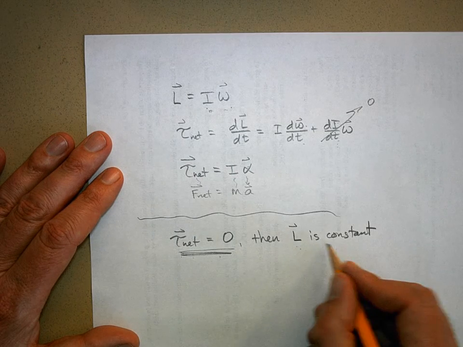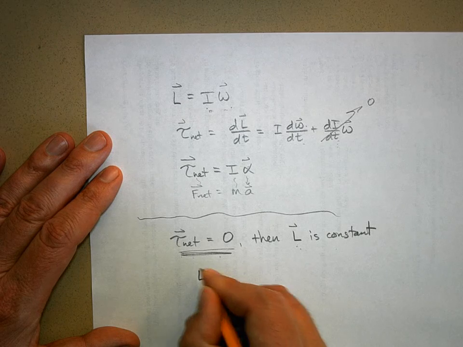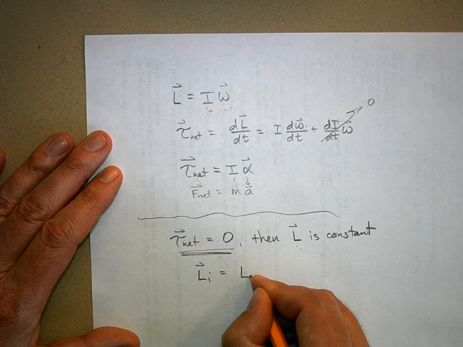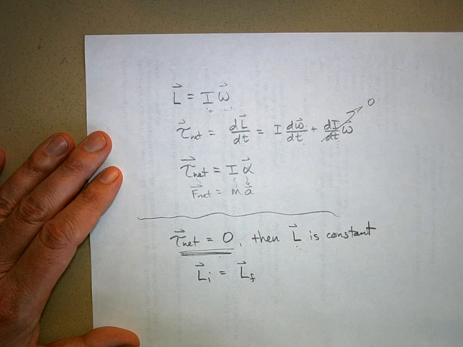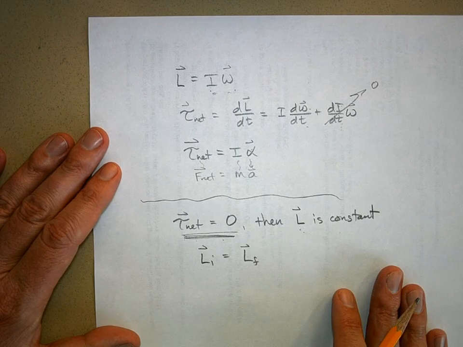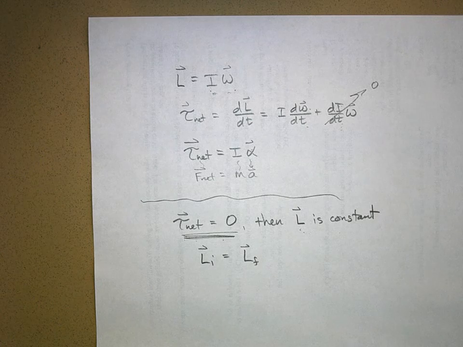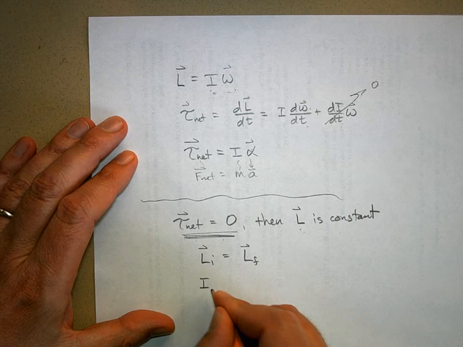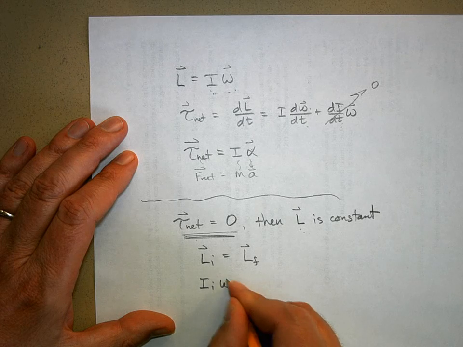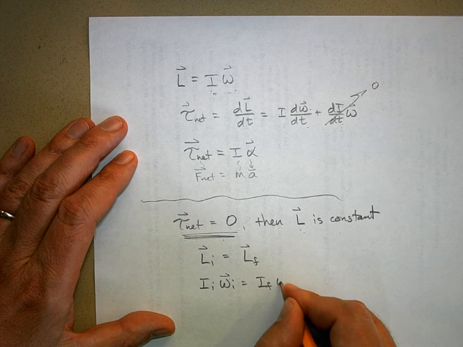Well, if the angular momentum is constant, then L initial equals L final. So let's say I have a non-rigid body, but there's no torque on it. That means that I initial omega initial must be equal to I final omega final.